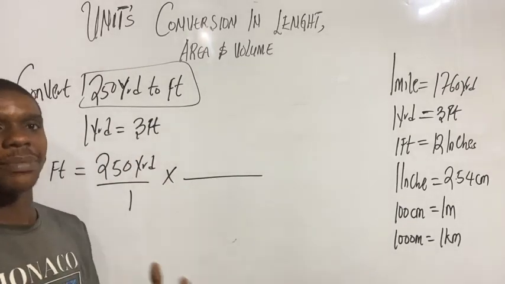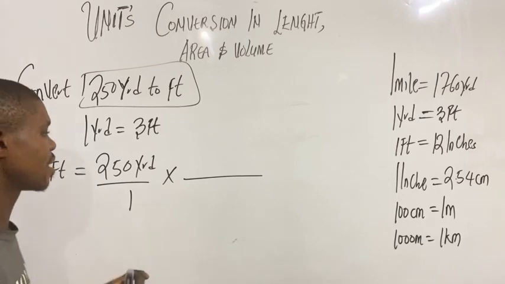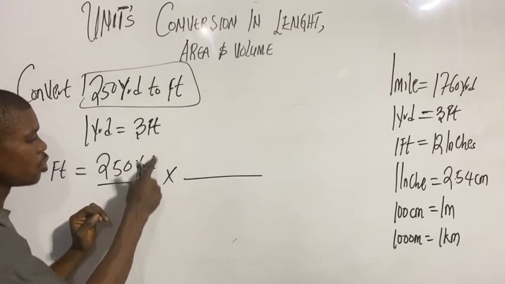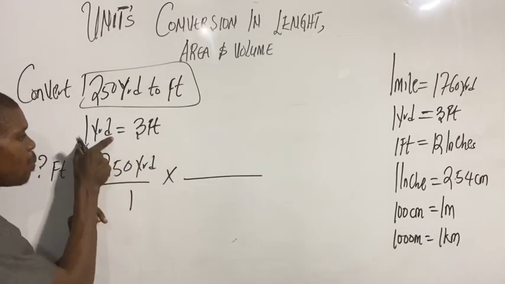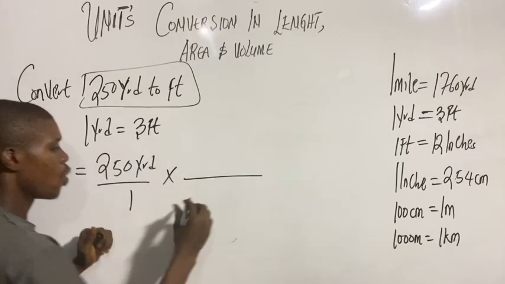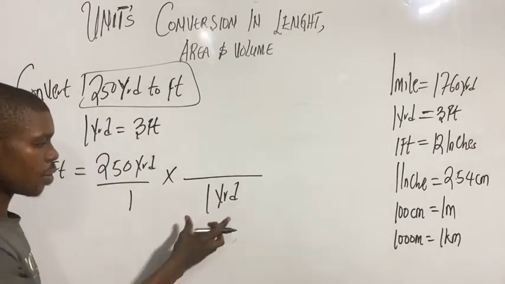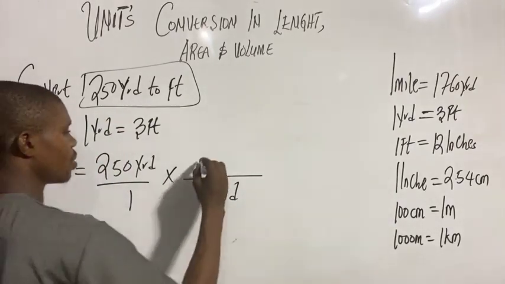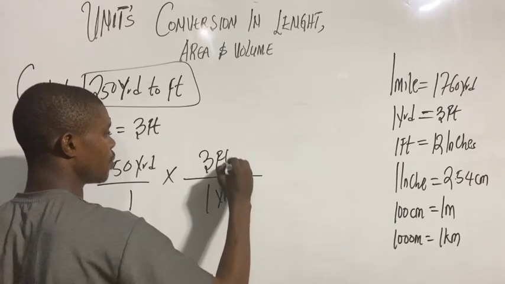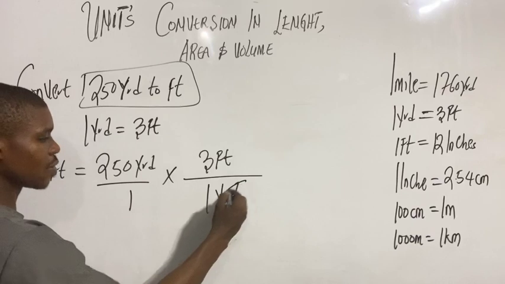Now when you are using dimension analysis, you must arrange the units in a way that will cancel out each other. In the sense that because yard is already at the numerator, I'm going to bring yard in as the denominator. So it will be 1 yard, just 1 yard. They are going to have 3 feet. This is that. Now the main reason why I do it like this is that yard cancels out yard.